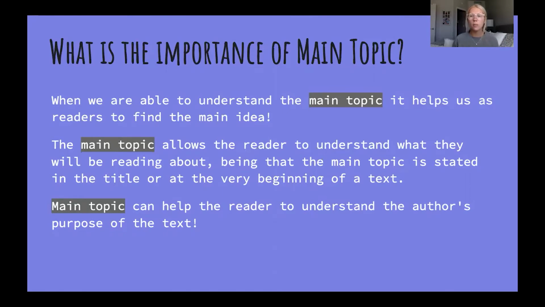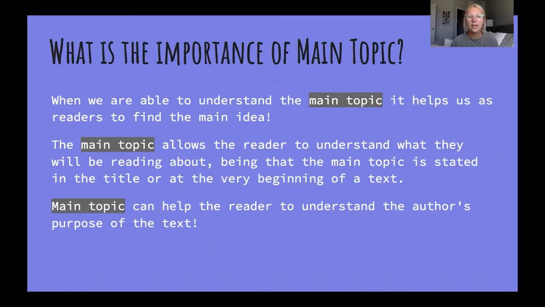So when you're flipping through a book, or any sort of informational text, and you see the title is penguins, you would know right away, okay, the subject, the main topic of this text is going to be penguins. And then that would allow you as a reader to dig deeper into that text, read that text if that's something you're interested in, and then go on to find the main idea.